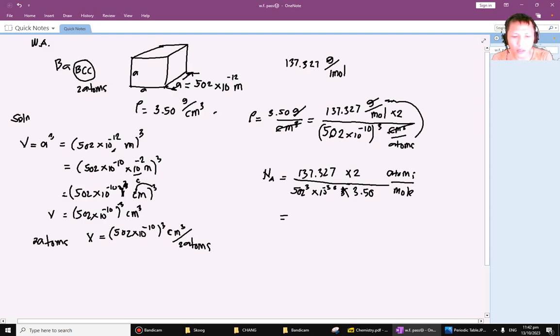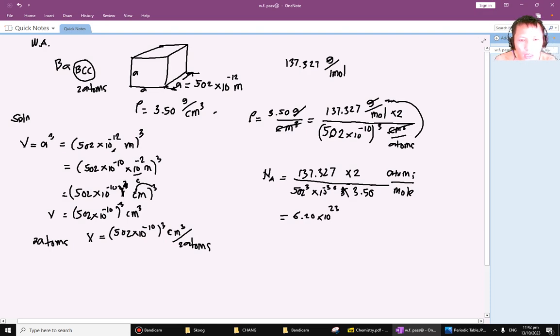So may I get my calculator? So that should give us a 6.2. I don't know if you can see that, but my value here is 6.20 times 10 to the 23.